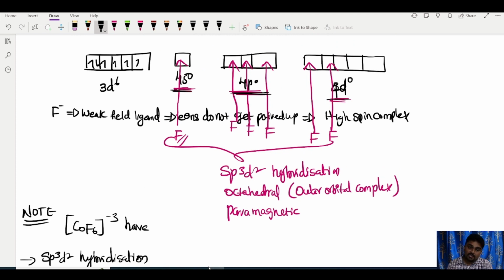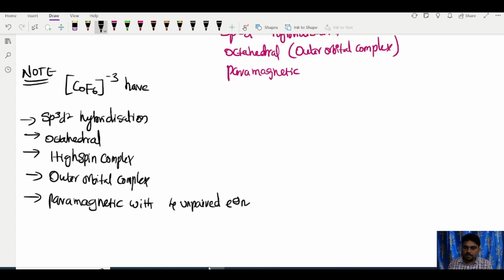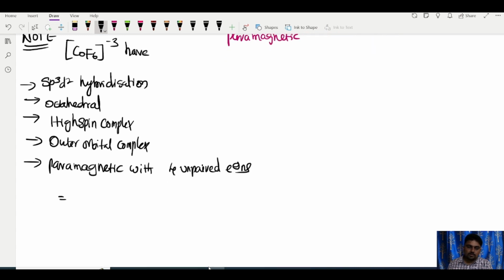Why is it a high spin complex? All the spins remained unpaired only, so it is a high spin complex. And next it is paramagnetic with 4 unpaired electrons. So what formula will we get? Square root of n(n+2) Bohr magneton.